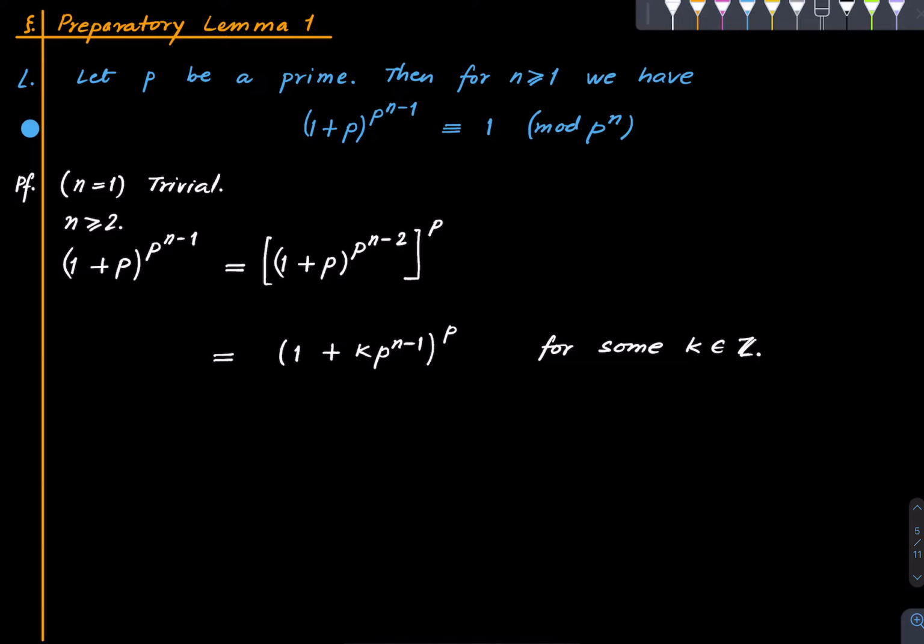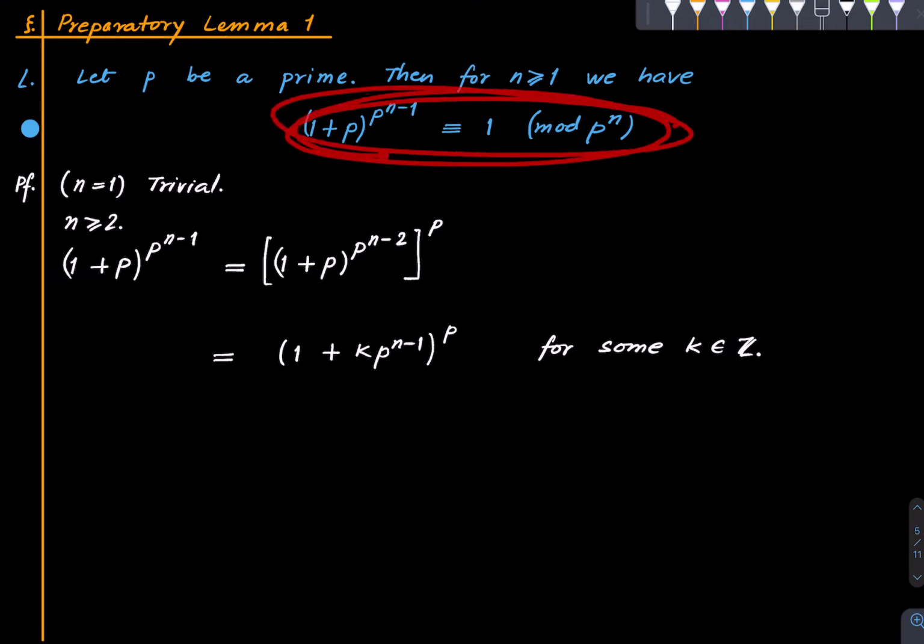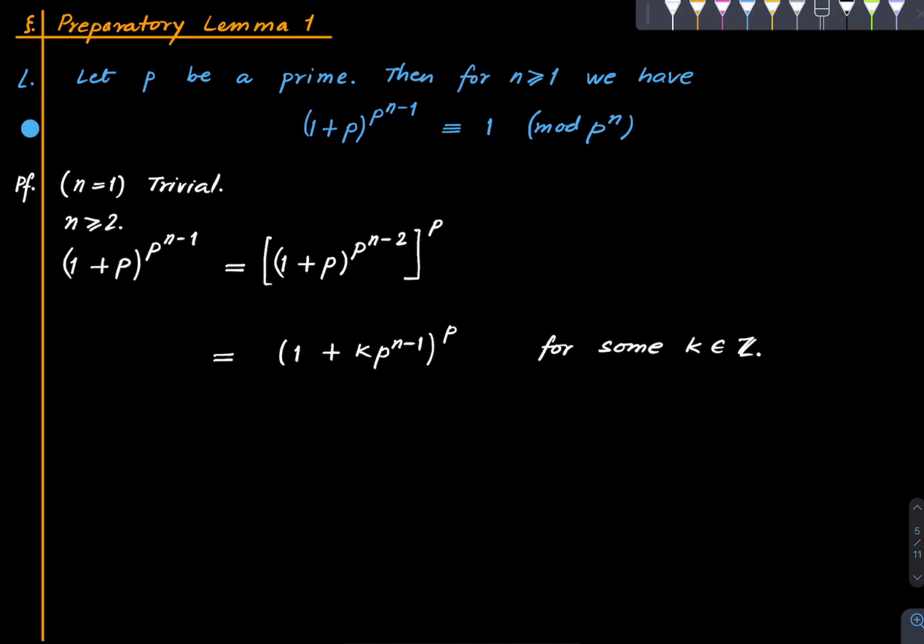Why is that? We are using induction on n. Since n is greater than or equal to 2, n minus 2 is greater than or equal to 0. So basically n minus 1 is greater than or equal to 1. n minus 1 is a positive integer. So we are just using this statement for n replaced by n minus 1.